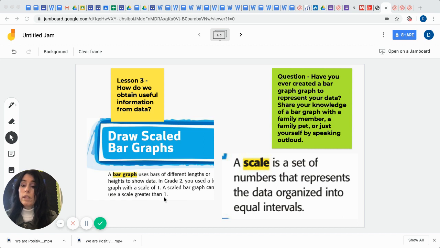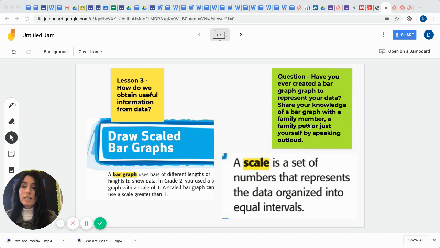And so if you are one of my second graders who is watching this video, just know that in second grade, we just have our scale represent 1. However, now that you're in third grade or you're a second grader learning some third grade math, just know that our scale is going to change this year. It's going to get a little bit more advanced, but you boys and girls are ready for this.